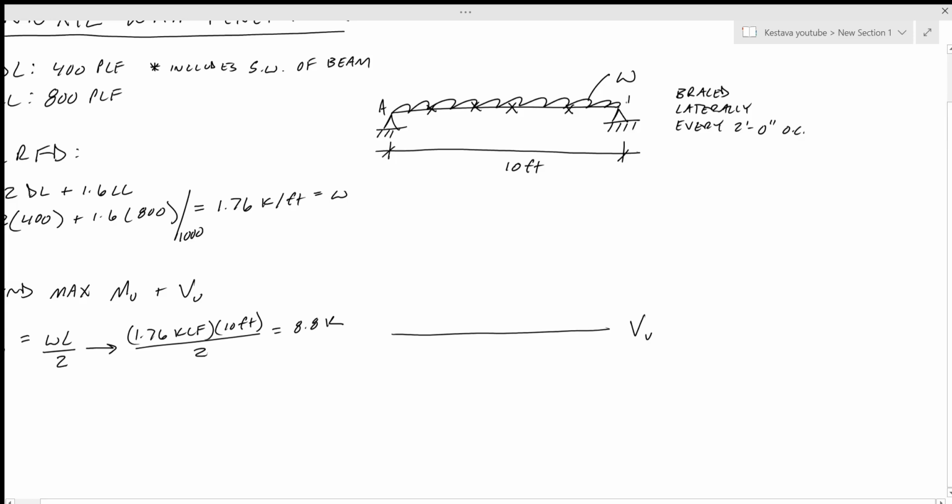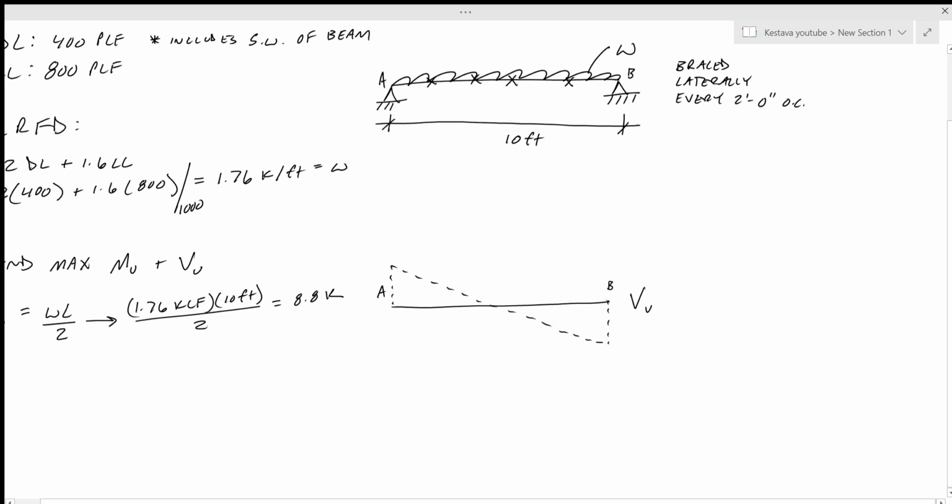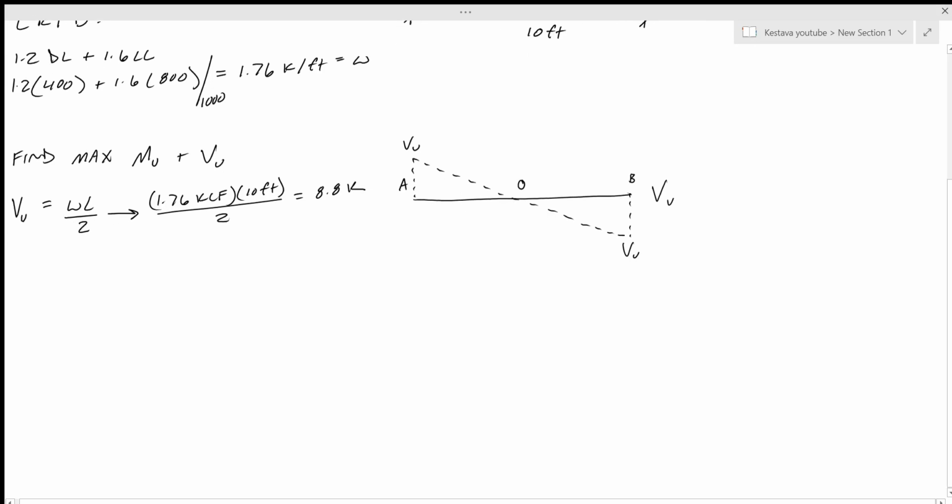We know from our shear diagram that we're going to denote this side as A and this side as B. Our shear diagram looks like that, with our max at the ends, and at midspan we have 0. Mu, we know the equation, wL squared over 8.